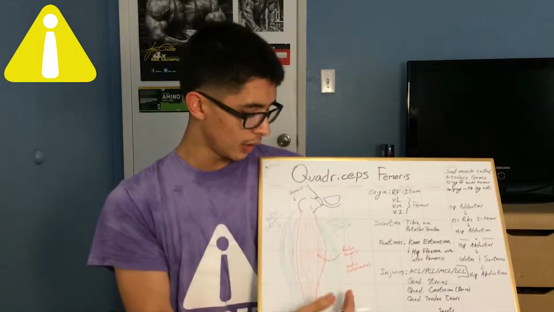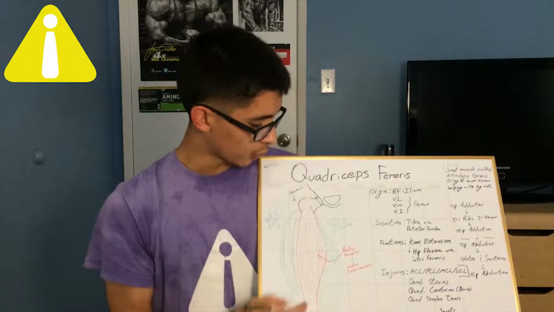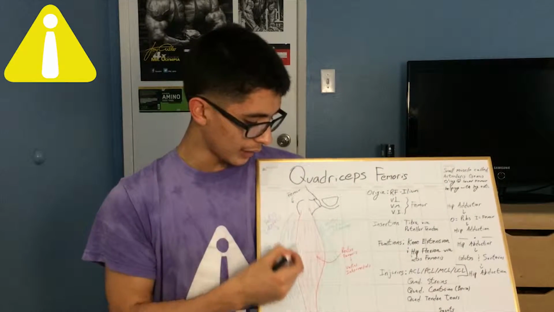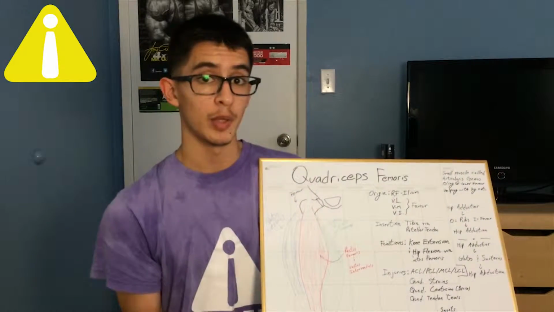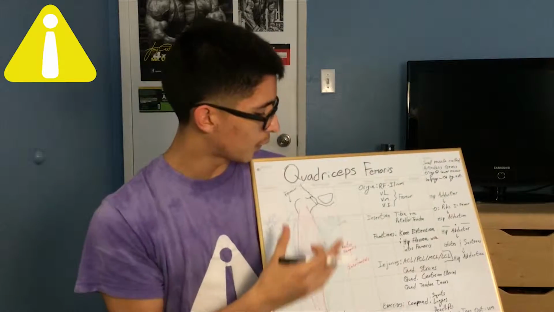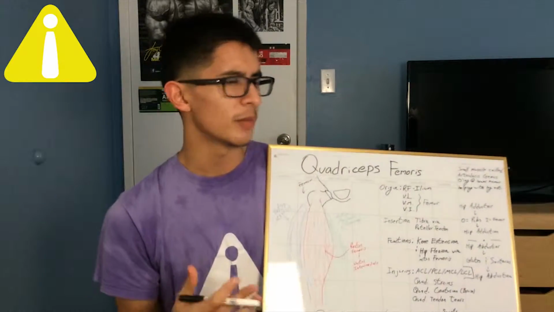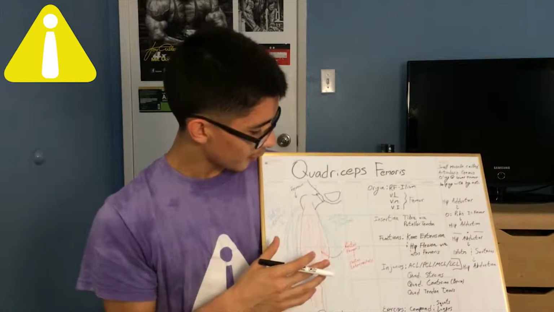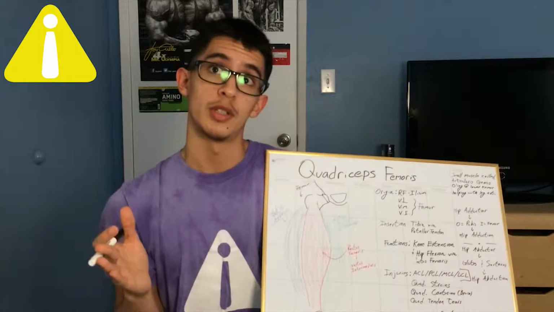So the abductor would bring the leg from here out. The sartorius goes from here and extends over the leg and helps bring the leg out this way for the abduction movement. And then same for the glutes, the gluteus maximus, gluteus medius, and gluteus minimus. They help with the abduction motion as well.